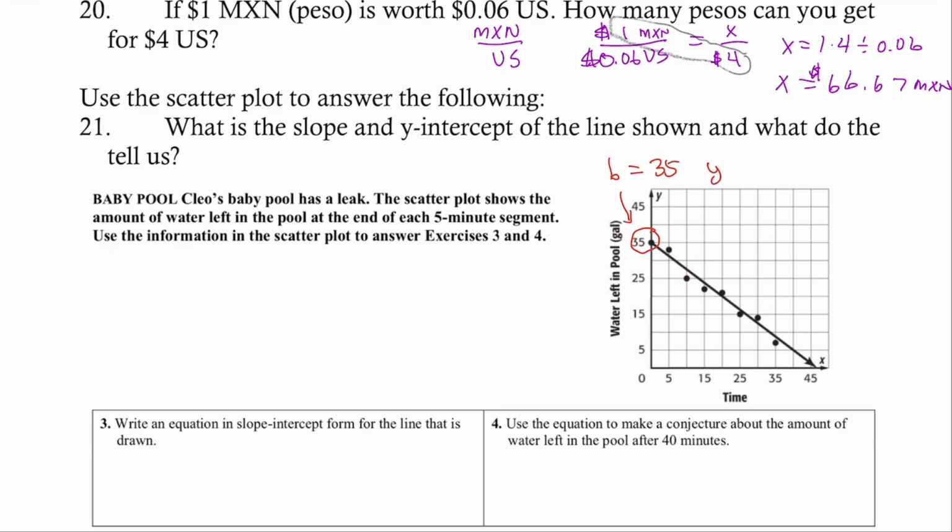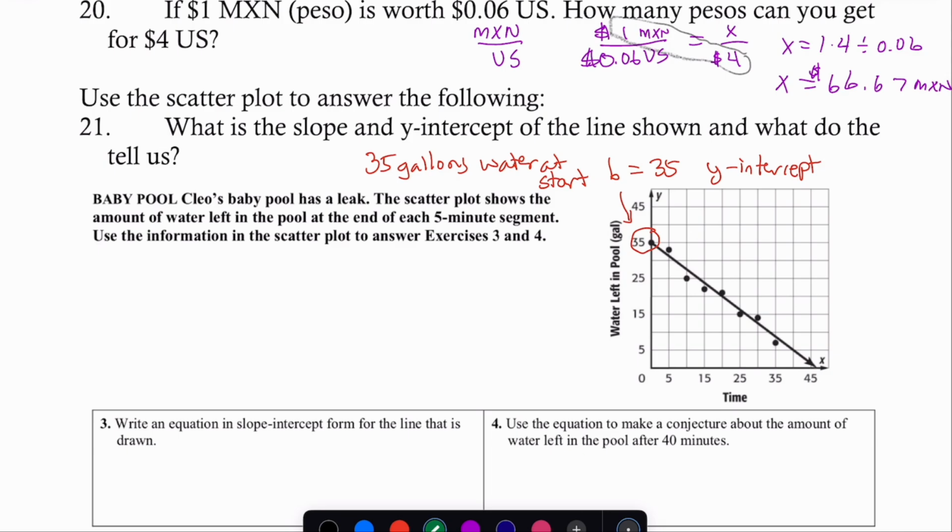That is our y-intercept. So at time 0, so at the start, we had 35 gallons of water in the pool. So there were 35 gallons of water at the start. Okay, so that's what that tells us.